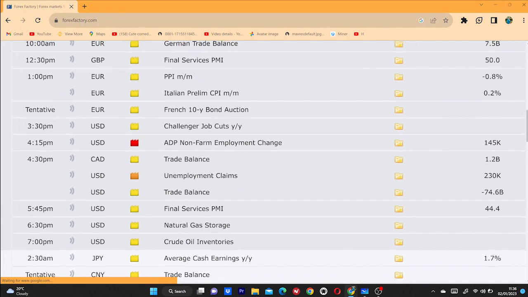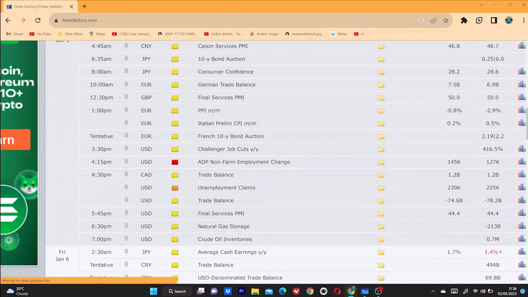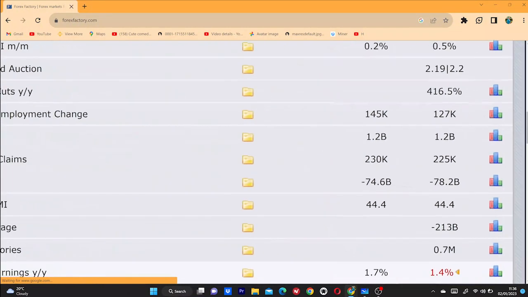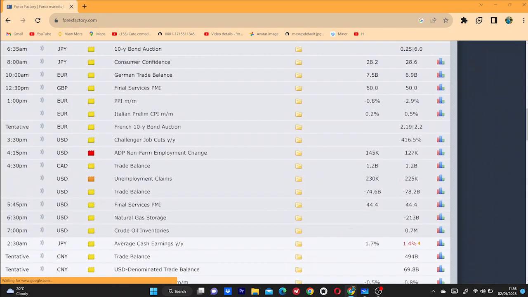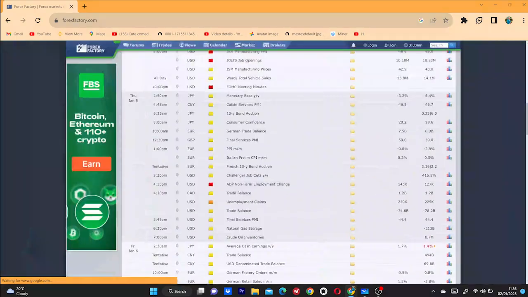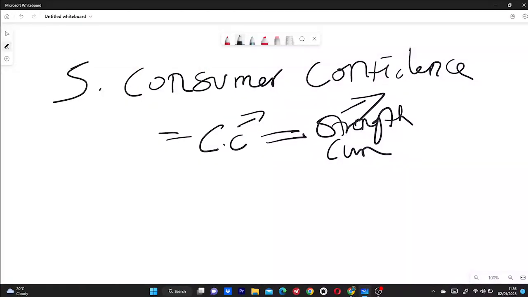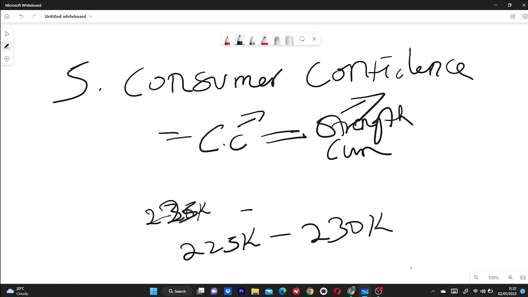That's why I was talking about unemployment, because you see over here there are also predictions. The previous was 225 and this time we expect 230. That means the previous was 225k unemployment, but this time we expect 230k or more.